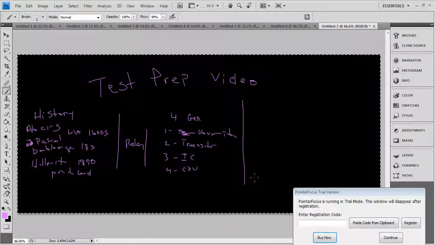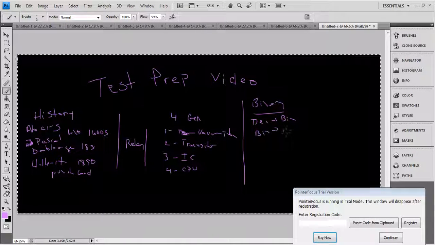We moved from the 4 generations of computers to binary math. And specifically, we went from decimal to binary, and binary to decimal. So in other words, can you convert 17 to binary? And can you convert 10110 to decimal?